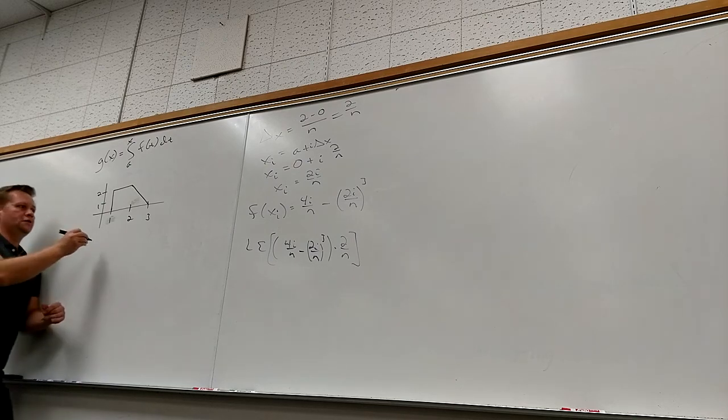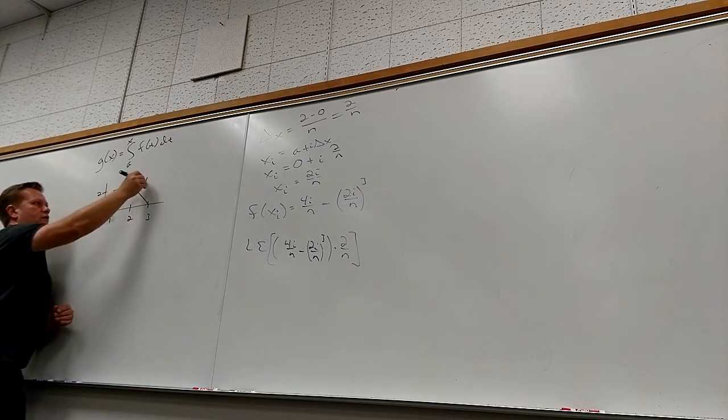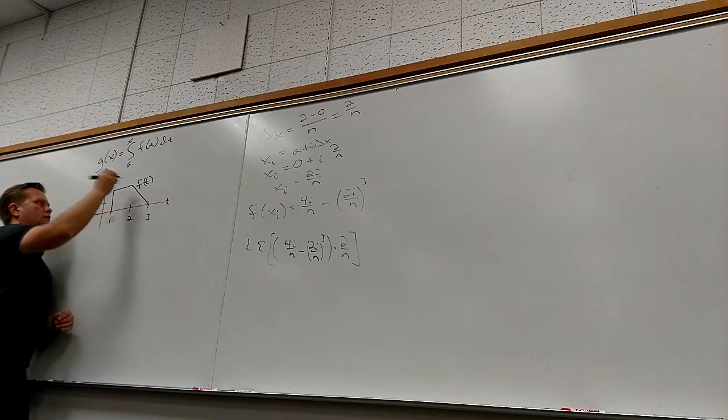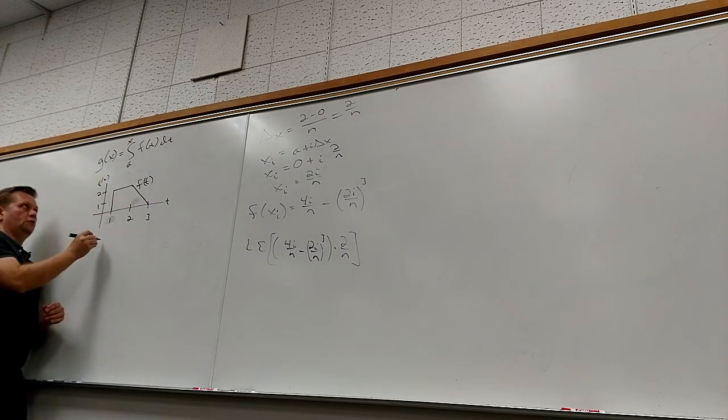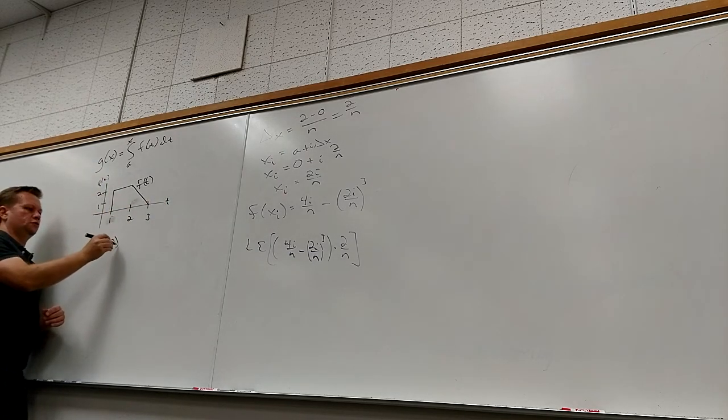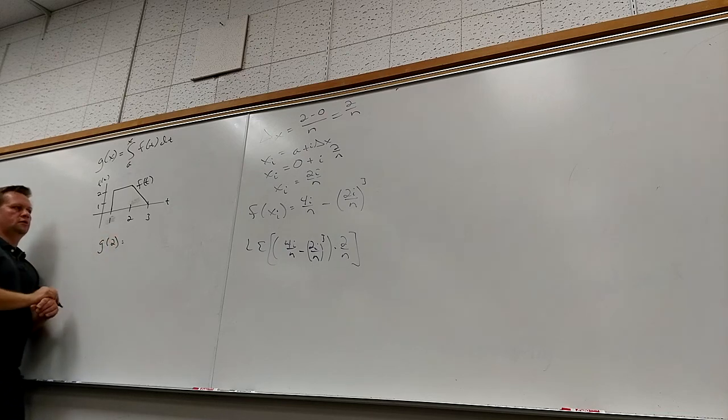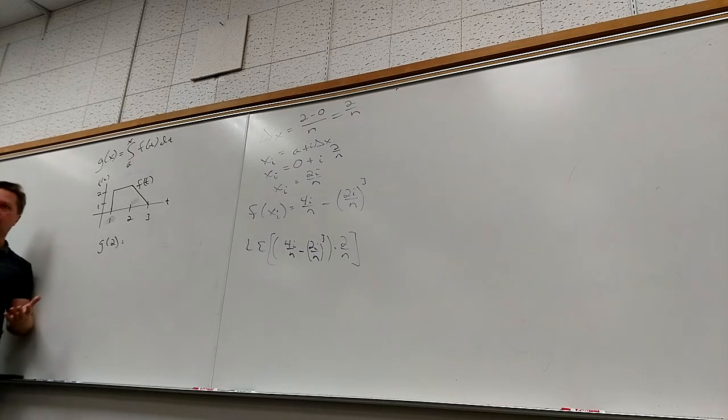So here's f of t. What is g of 2? How do you get that? The graph. What about the graph?